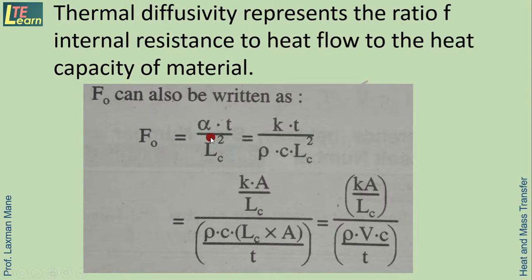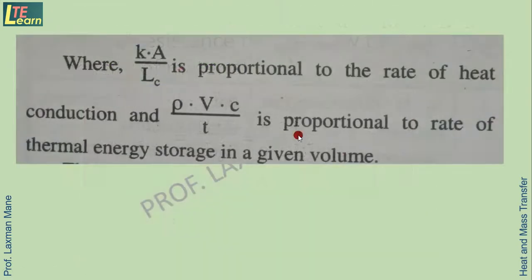So the Fourier number can be written as alpha t upon Lc square, putting the value of alpha, that is k upon ρ C. Arranging the terms in this way, we find ρ V c upon time, and in the numerator k upon Lc, where k upon Lc is proportional to the rate of heat conduction and ρ V c upon t is proportional to the rate of thermal energy storage in the volume.